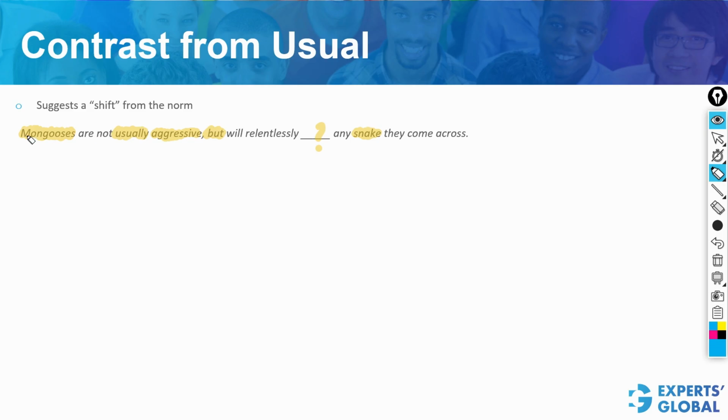So the norm is that mongooses are not aggressive, and the shift from the norm is when they come across a snake. Our broad expectation from the correct answer choice needs to be something in contrast with not aggressive. And therefore, our broad expectation needs to be something on the lines of fight. Mongooses will relentlessly fight any snake they come across. A GRE-like word for fight: antagonize.